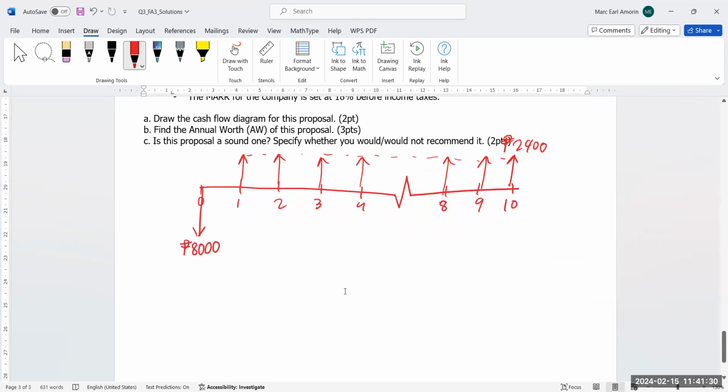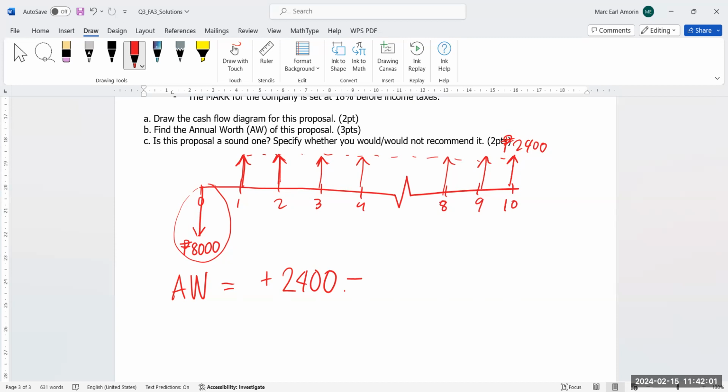Next, what is the annual worth of this proposal? Since these 2,400 are already annual payments, we do not need to convert this anymore. So AW is equal to positive 2,400 minus, we have a negative cash flow here. However, it is at the present value.